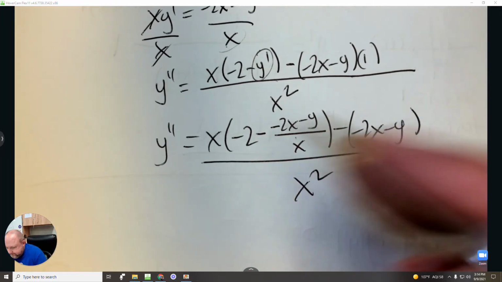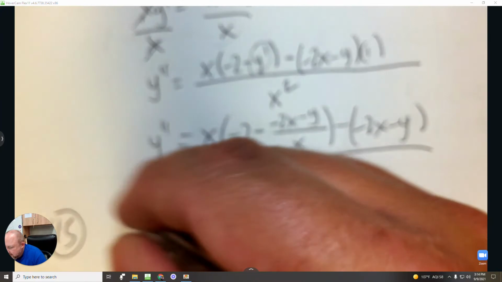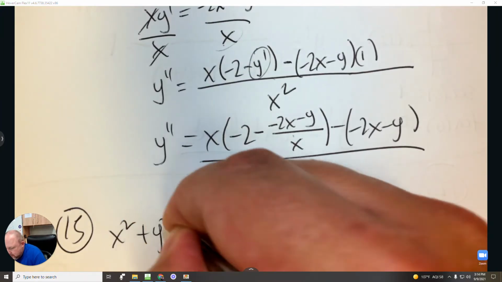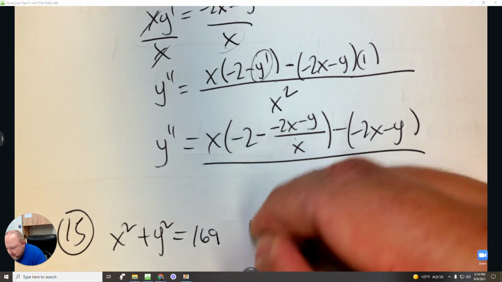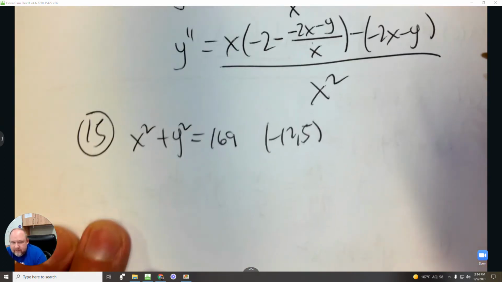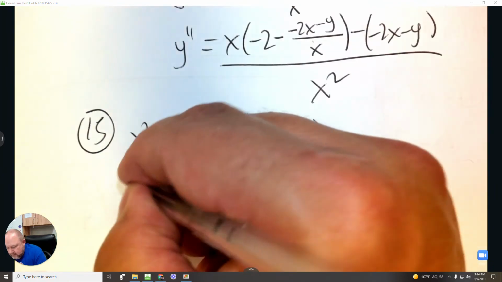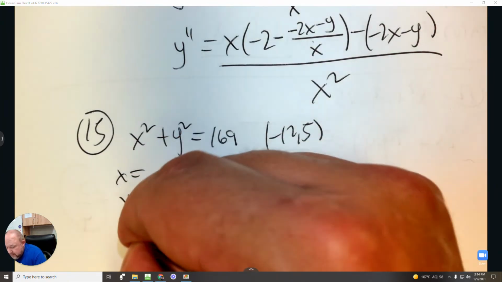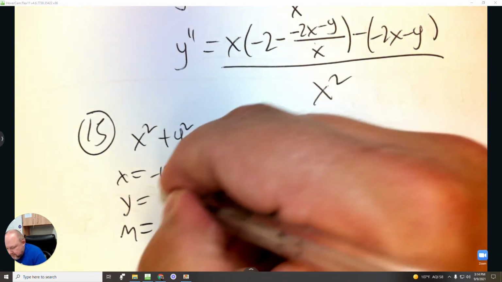Number 15. Find an equation of a line tangent to x squared plus y squared equals 169 at negative 12 and 5. So to find the equation of a tangent line, these are the three things I need. So I already know this.